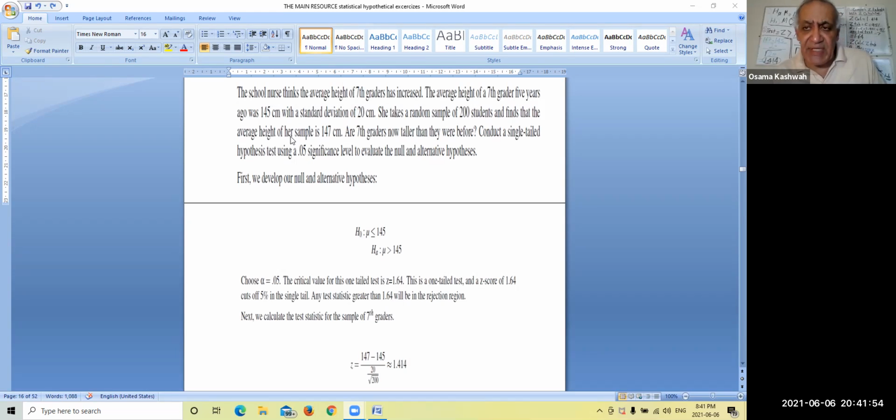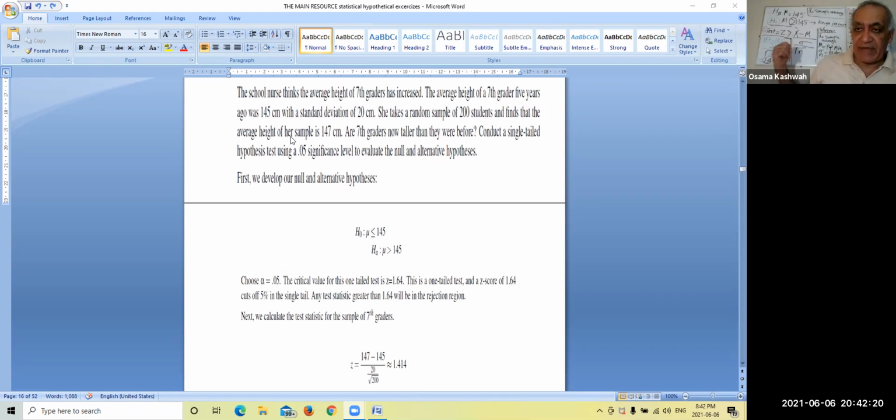One tail test means that if the hypothesis H1 is greater than or less than, then it's a one tail test. Regarding to the right or to the left, the value is the same. And we know now that for the decision, we compare Z tabulated, which you get from the tables, and Z calculated, which you get from the formula.